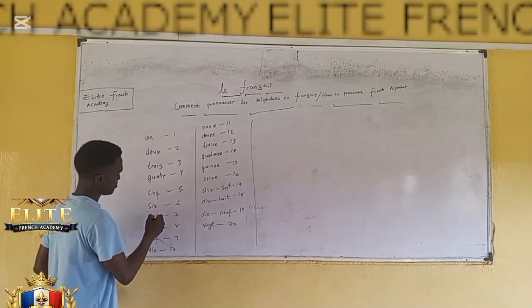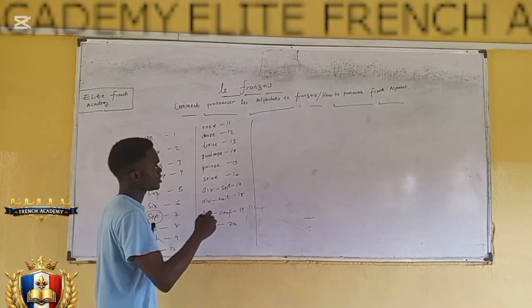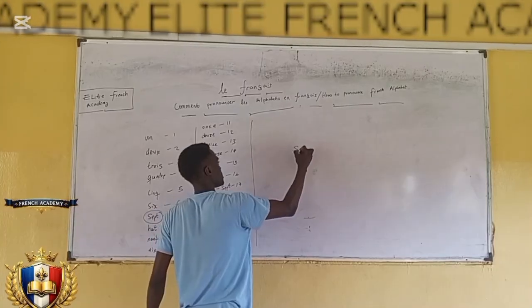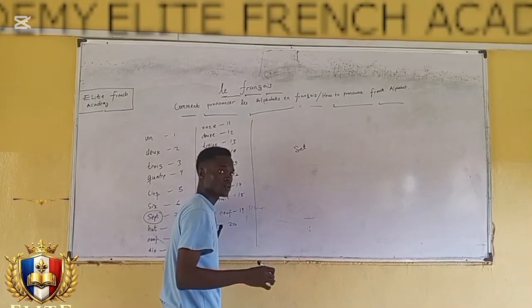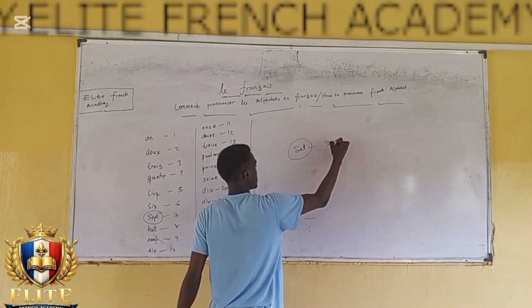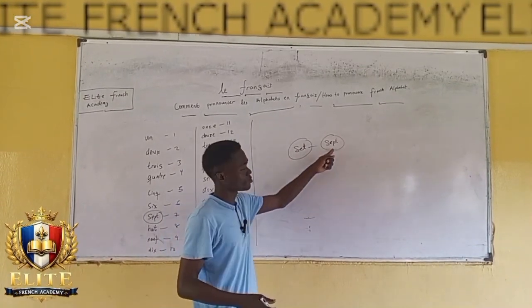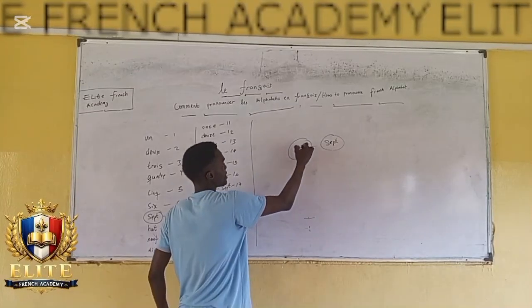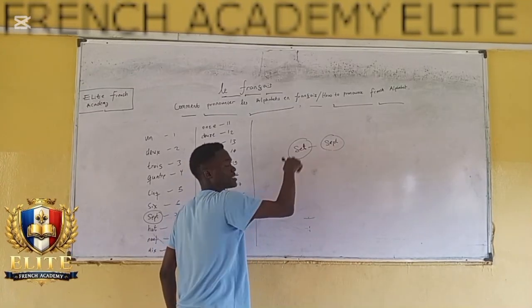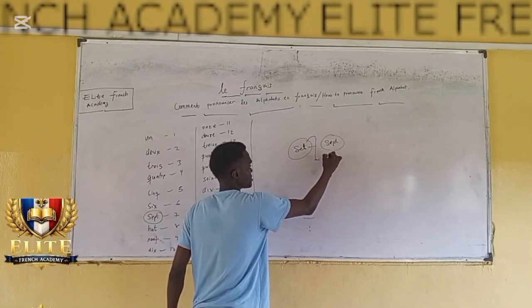A lot of people make a mistake when pronouncing the number 7, because if you pronounce it in English, it's as if you are spelling the word S-E-T. But the correct spelling is S-P-T. So for those who want to pronounce the number 7, if you can pronounce "set" in English, it's like saying 7 in French.